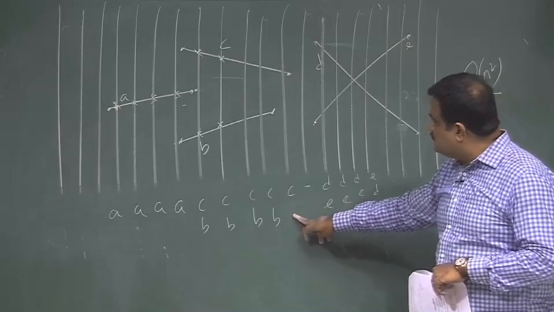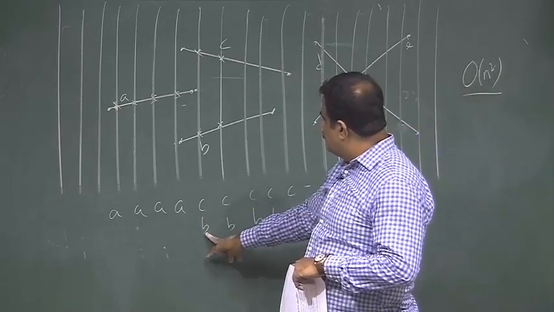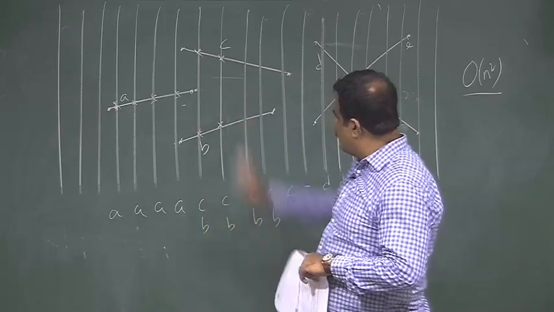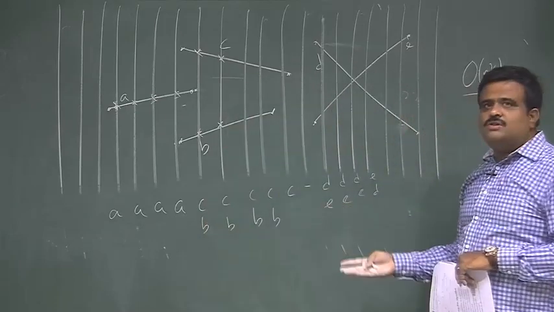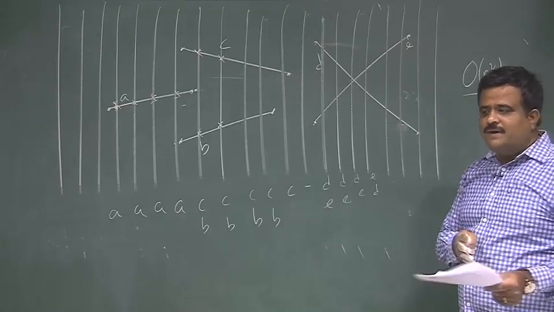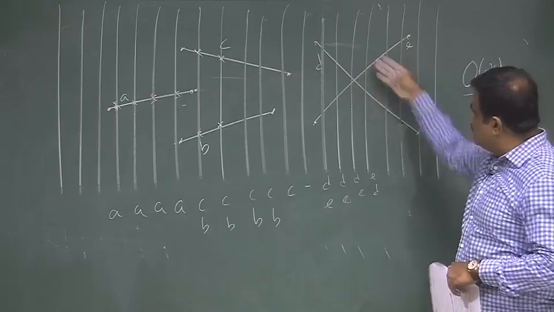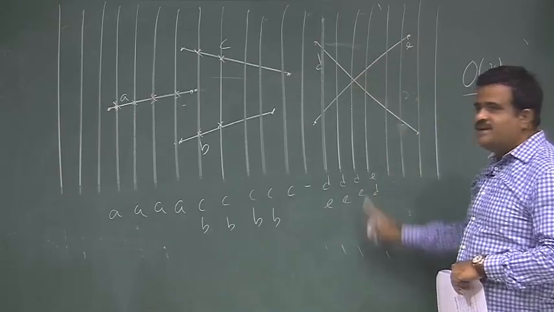Here there is a change because B has finished. Here there is a change because C and B have crossed. So either a new segment is joining, or a segment is leaving, or they are crossing, they are intersecting. So we have the interest here.